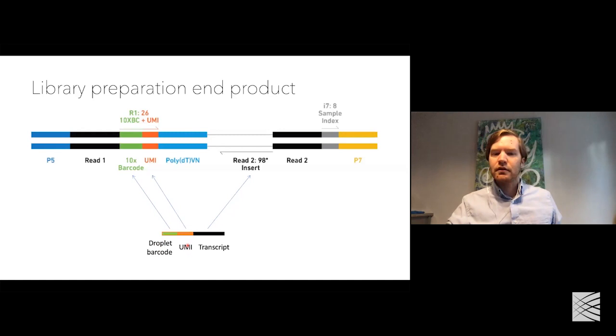It just tags that this was one unique starting molecule. And those two things are attached to a piece of the actual mRNA transcript, which gets copied to cDNA. So this is a long piece of DNA that contains droplet barcode, UMI, and a little bit of the transcript gene of interest.